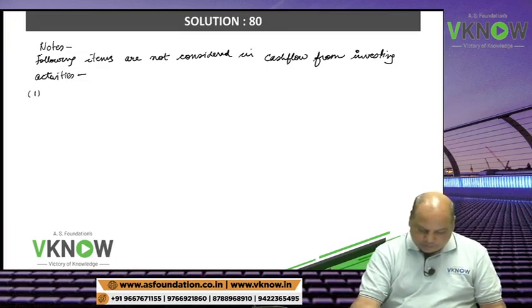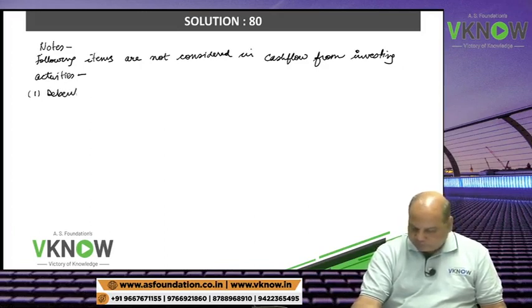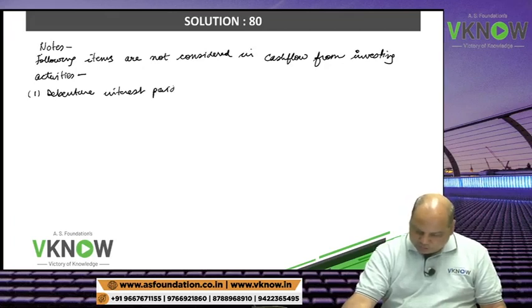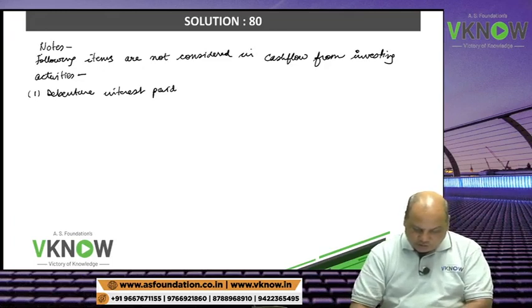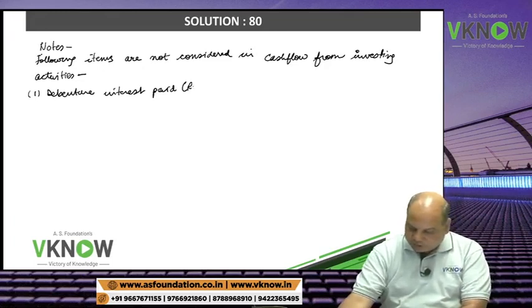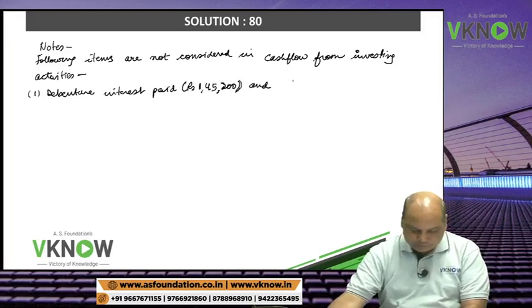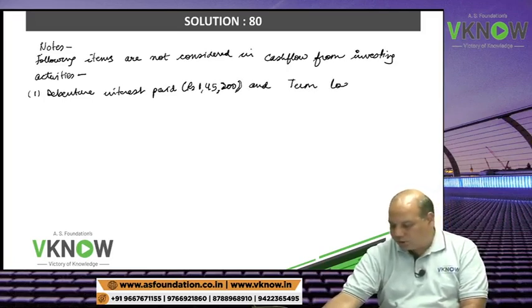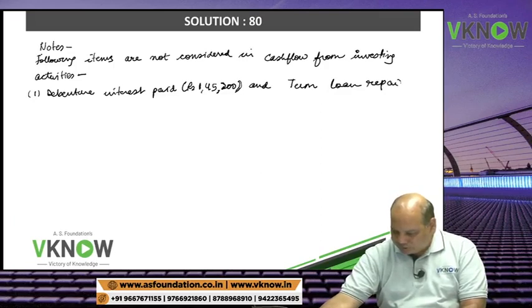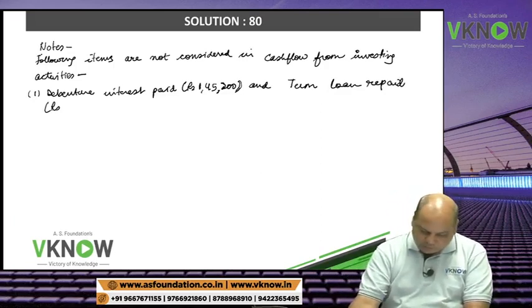First, write down debenture interest paid. Debenture interest paid in bracket rupees 1,45,200 and term loan repaid. Term loan repaid in bracket rupees 4,50,000.